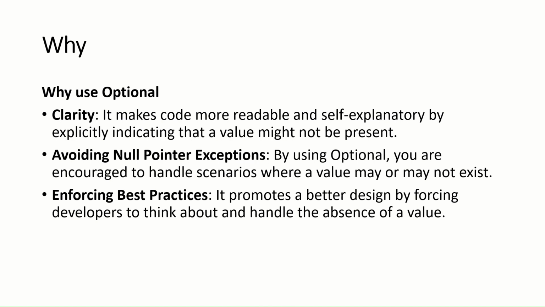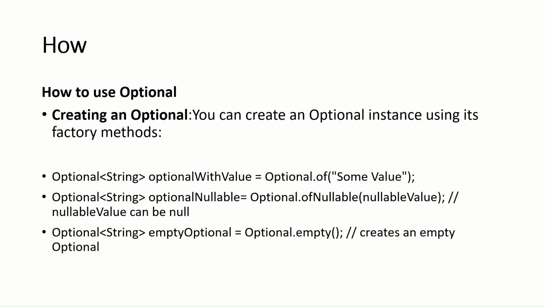By using Optional, you are encouraged to handle scenarios where a value may or may not exist. Now the third point is enforcing best practices. It promotes a better design by forcing developers to think about and handle the absence of a value. So these are the main reasons why you should use Optional: clarity, avoiding null pointer exception, and enforcing best practices. Now let me go to the next slide and discuss how we can use Optional.